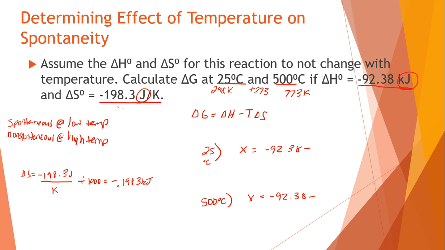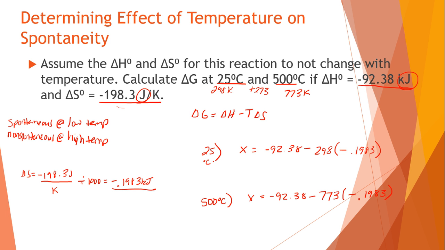Remember, you have to plug in the Kelvin one. Here you're going to plug in 298, and down here you're going to plug in 773. From there, you're going to plug in your S value, which we found over here, negative 0.1983. Then you can just throw it in your calculator and solve.